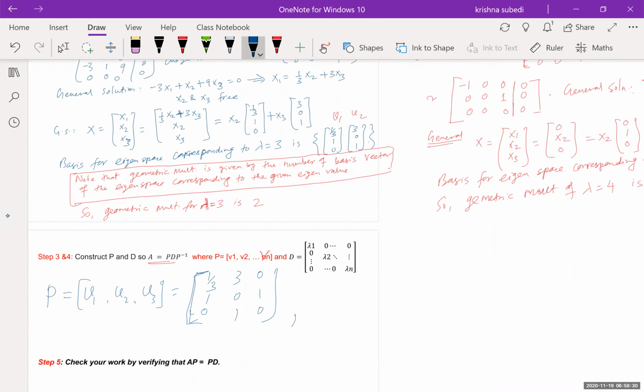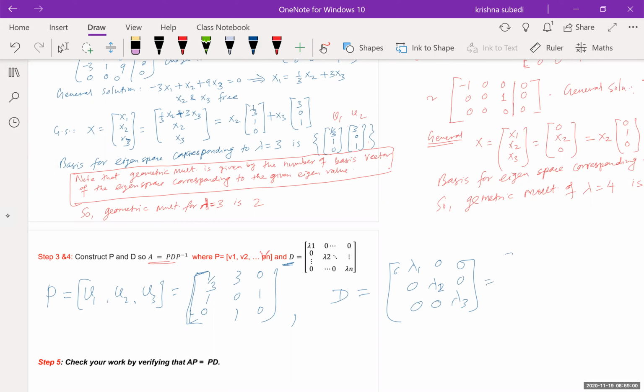Now we need to construct D as well. What is the D matrix? The D matrix is a diagonal matrix whose diagonal entries are the eigenvalues. So it means lambda 1, lambda 2, lambda 3, and zeros elsewhere.